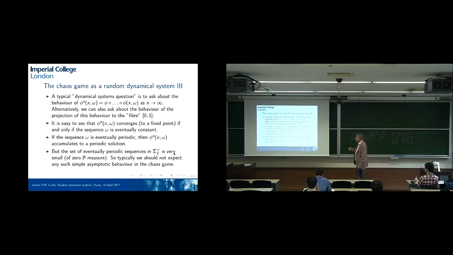When I'm interested in the dynamics of this random dynamical system, I would like properties which hold for a positive-measure set of noise realizations, and definitely not of zero measure. So the conclusion is we should not expect really simple asymptotic behavior in this chaos game.